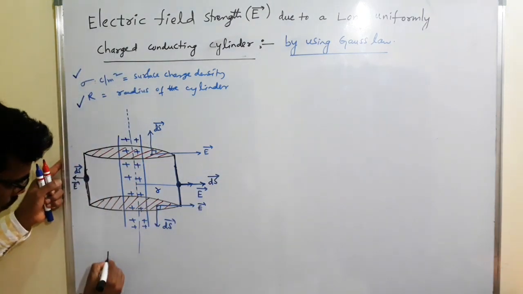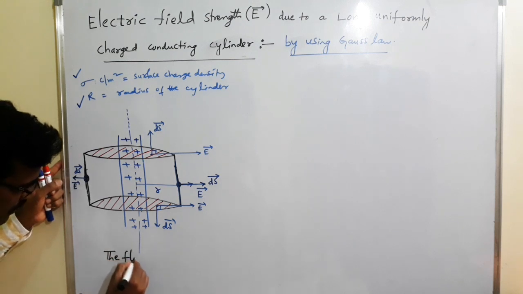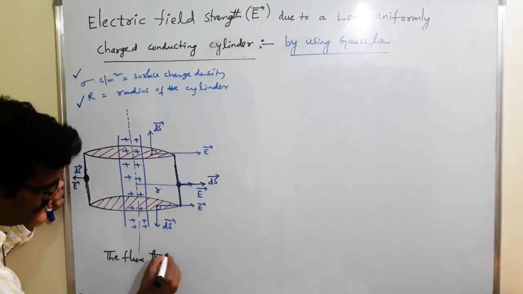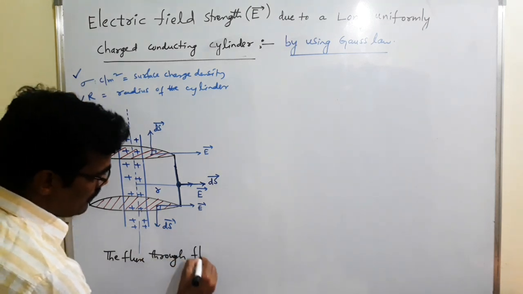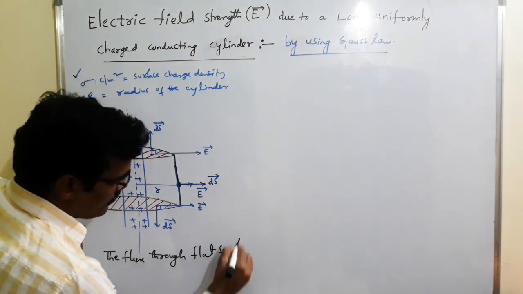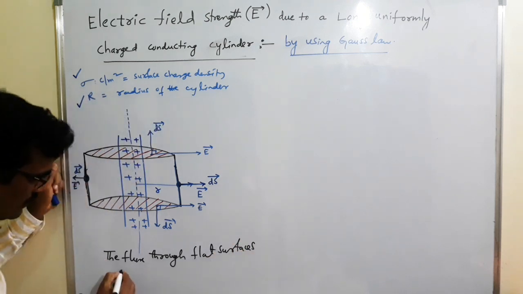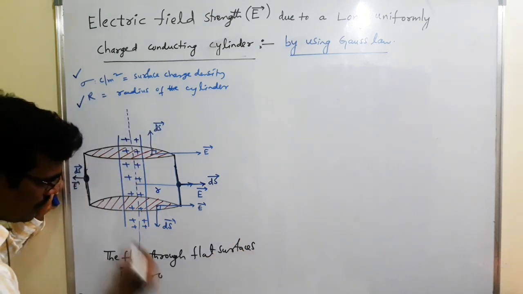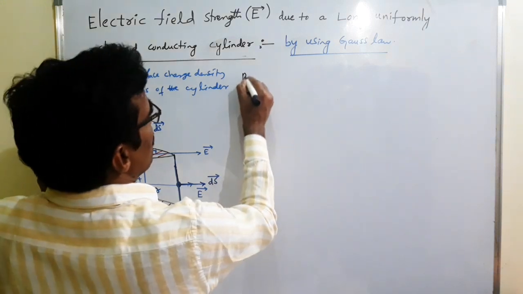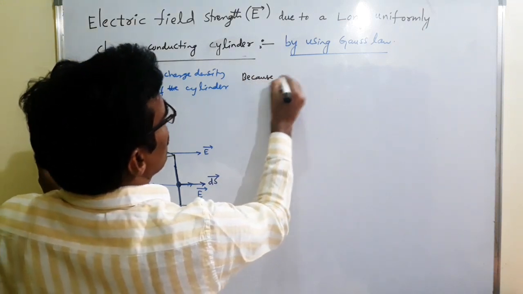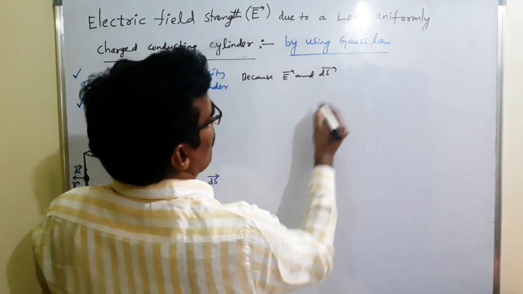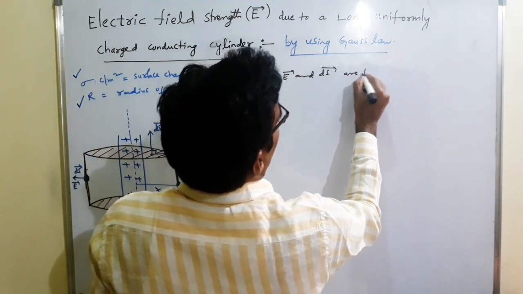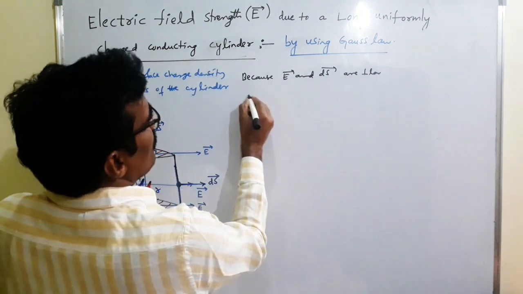The flux through flat surfaces is 0 because E bar and ds bar are perpendicular to each other.